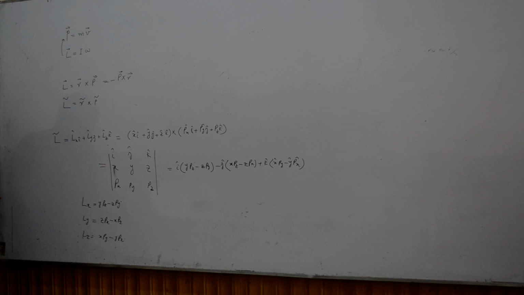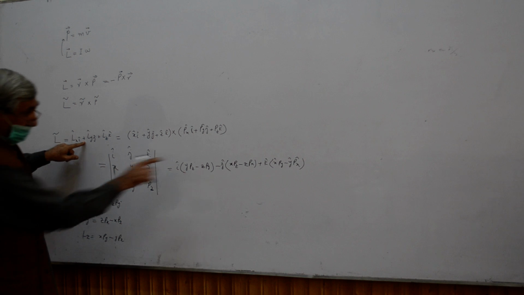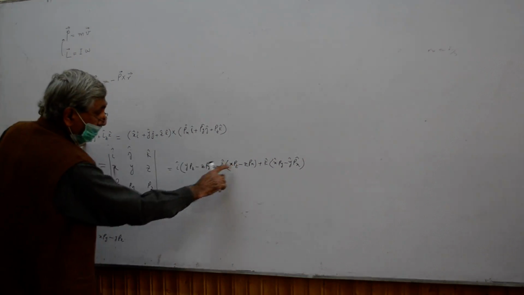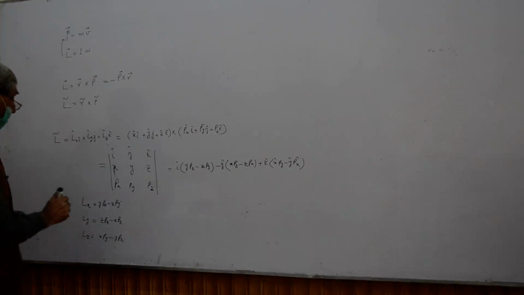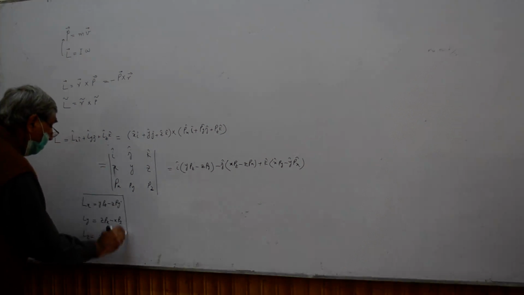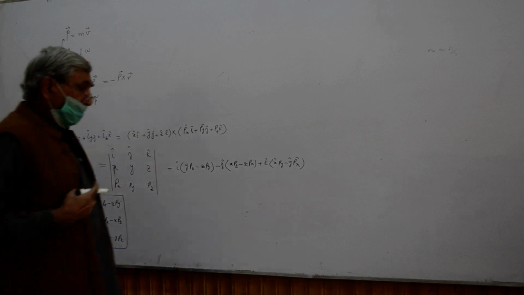These are the three components of orbital angular momentum. Here was a minus, here is no minus, so I have taken the minus inside. This will become plus, this will become minus, right? So classically, these are the three components of orbital angular momentum.